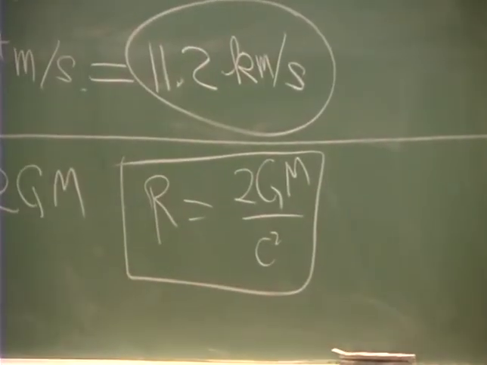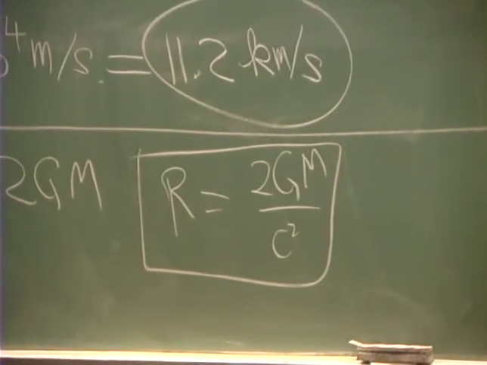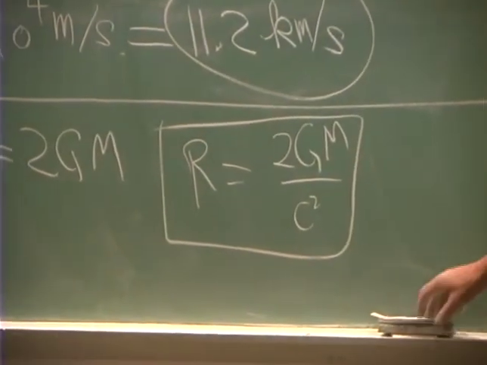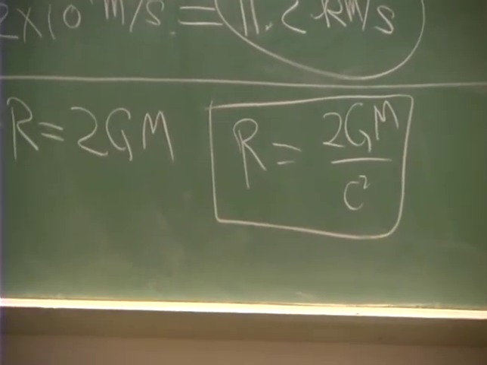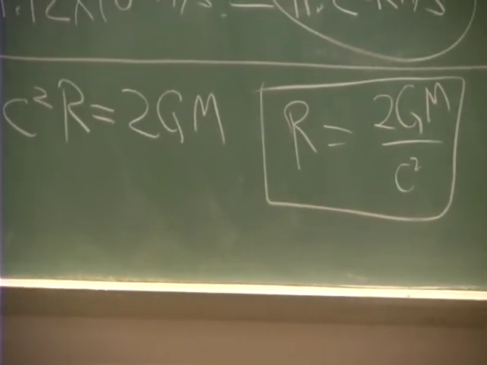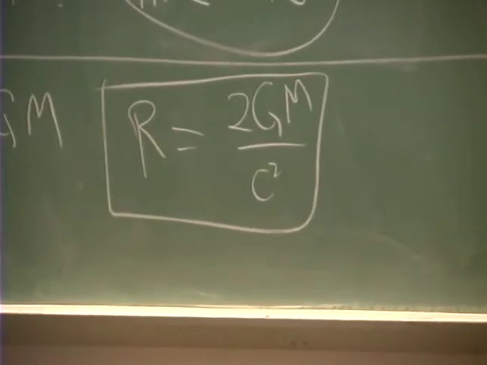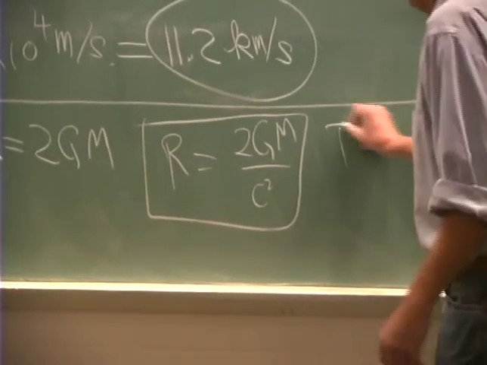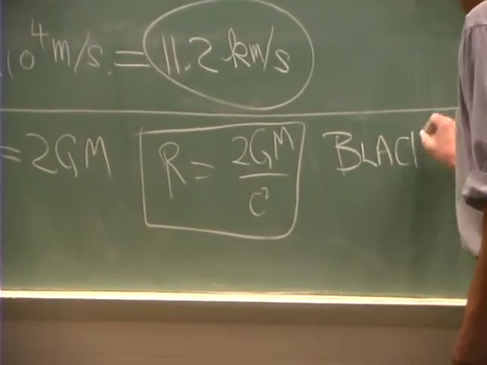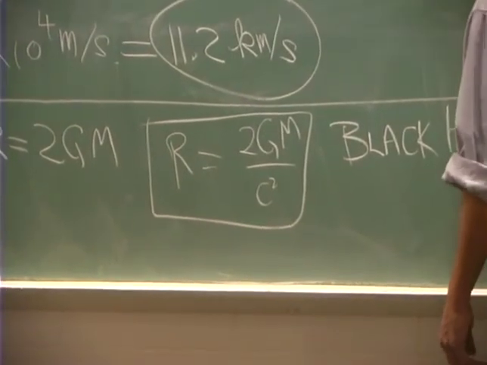People ridiculed Laplace at the time, saying, don't you know that gravity doesn't affect light? It's just stupid. Light just takes off and gravity doesn't pull it back at all. So Laplace took that section out of the second edition of his book, but it turned out to be a very clever idea. And in fact, this is what we now call a black hole.